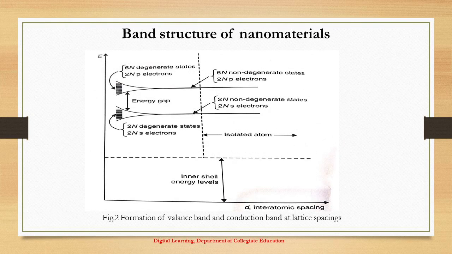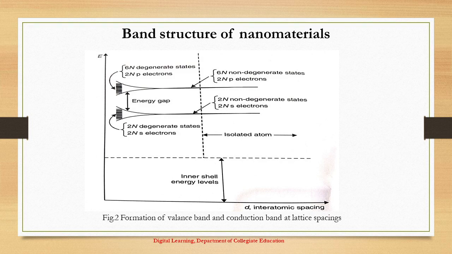Similarly, for the band structure of nanomaterials, this is the formation of the valence and conduction bands at a given lattice spacing. Here there are 6N non-degenerate states with 2N p electrons. This is the energy gap, where 2N non-degenerate states and the 2N s electrons are present.